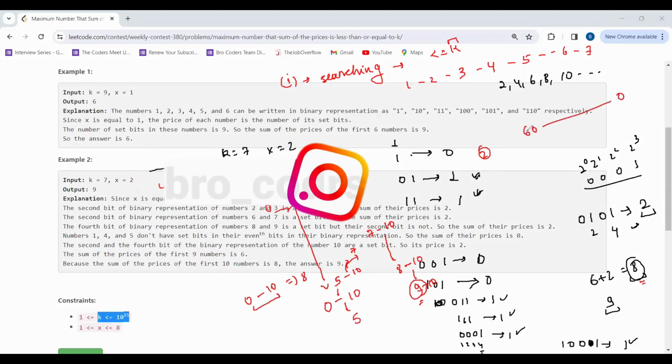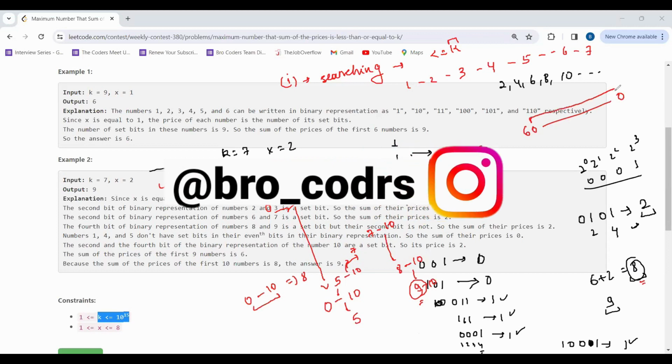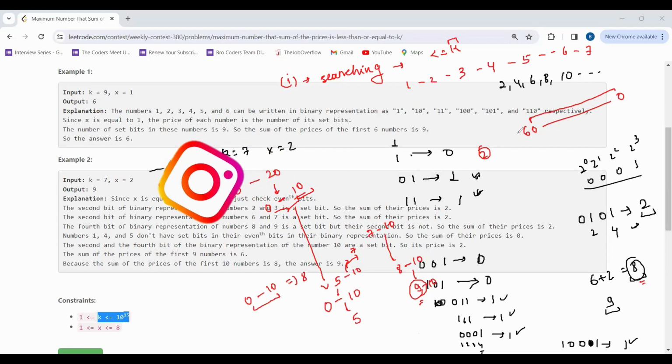So we'll iterate over this array only, 1 to 60, and we'll find all the possible indices which are, for example, 2, 4, 6, 8, 10, 12.